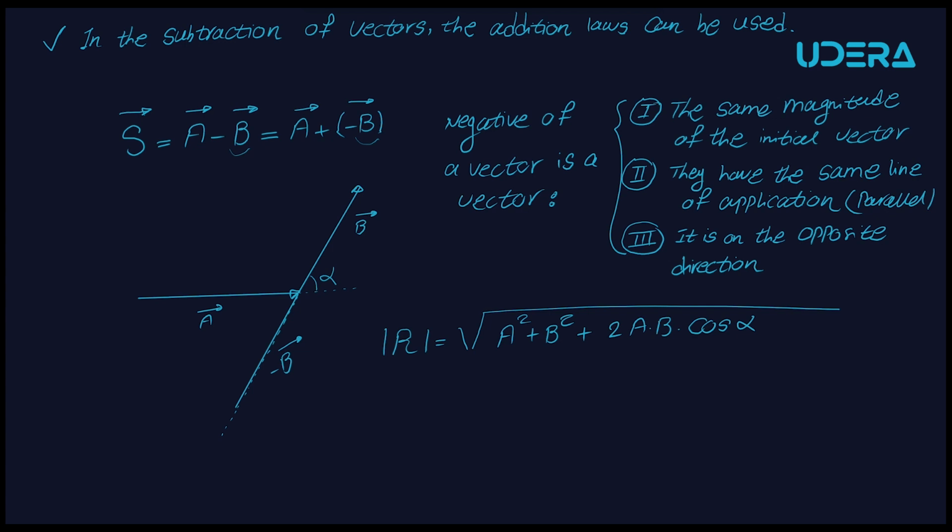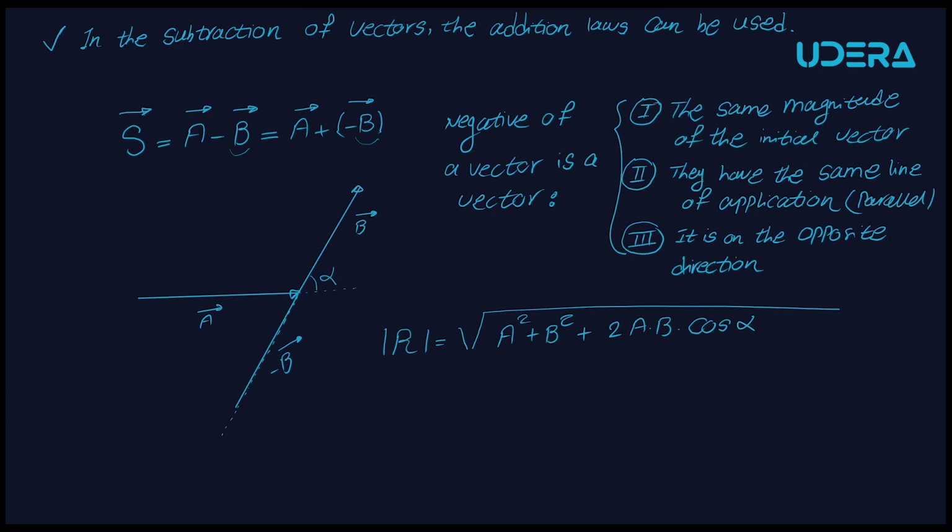It was said that when the tip of the first vector coincides with the tail of the second one, we have to use the triangle law of addition. In the demonstration of the formula for the triangle law, I showed that the angle between the extension of the first vector and the second vector is considered in this formula.